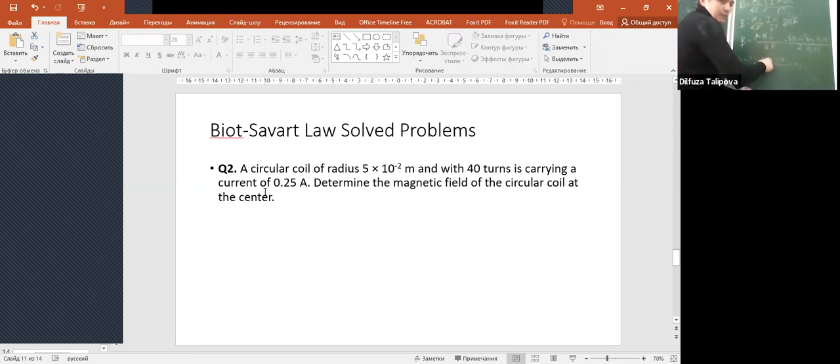And here the 10 to the minus 7, here 10 to the 1, here also 10 to the minus 1. If 0.1 is going to move here, the 10 should be 100.